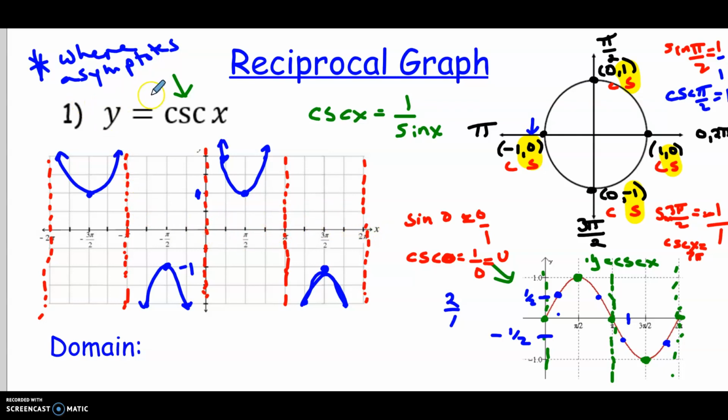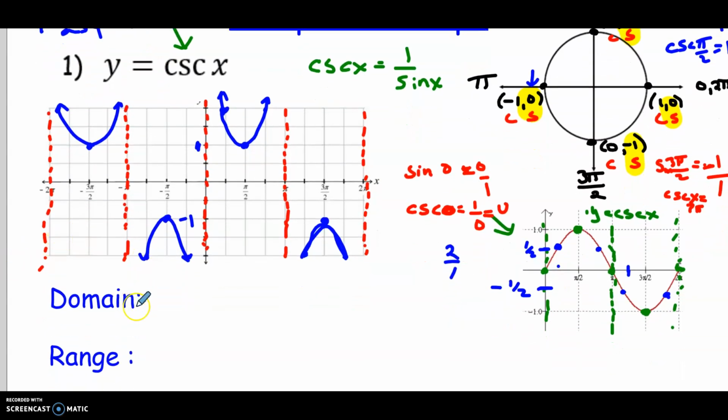And the other piece that you need to remember is, be comfortable with identifying the domain and the range, which we're about to do. But what I would tell you is that it's so much easier in my head to go to the graph of the sine curve and just envision flipping over all these y values, all your output, and creating the cosecant curve.